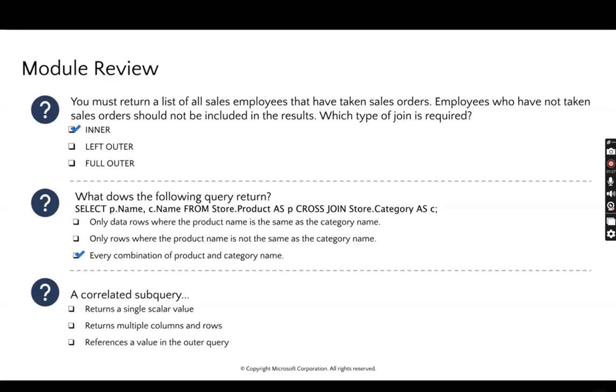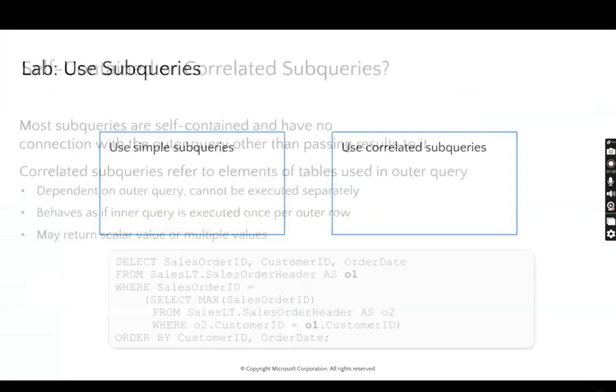And a correlated subquery will return the... it can be the second option also, or the third option also. So those who have given the second or third, that is correct, because it returns multiple columns and rows in the result set, and it can be a reference to a value that is in the outer query. Okay, so do you want to understand the concept of correlated subqueries?